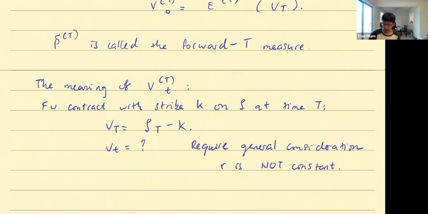I mean, if you want, you can give me the answer when the interest rate is constant. That's okay. Then we'll look at it. But the real point of me asking you this question is I want you to see if you know the answer to this when the interest rate is not constant.